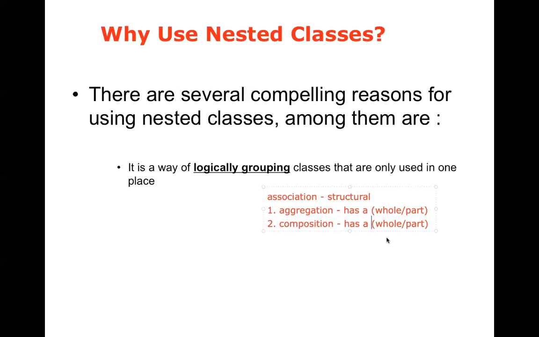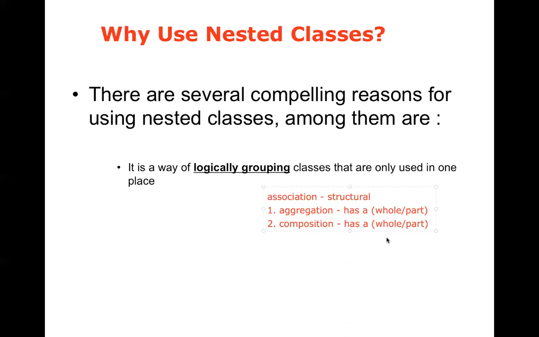If the processor doesn't exist, then we cannot call that a computer, because the processor forms part of this particular computer. So now I have two entities, computer and processor, and if the processor ceases, then there is no computer. We cannot call this a computer because it's just bare metal, because there is no processor. So this relationship is a stronger bond between the whole and part, and this has to be made as a composition relationship.